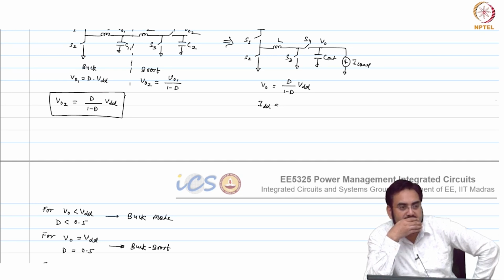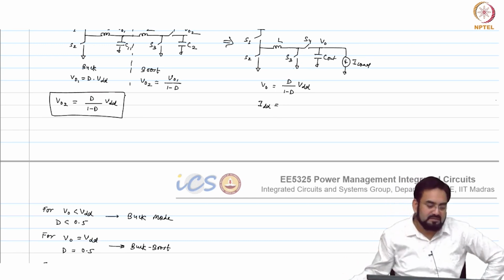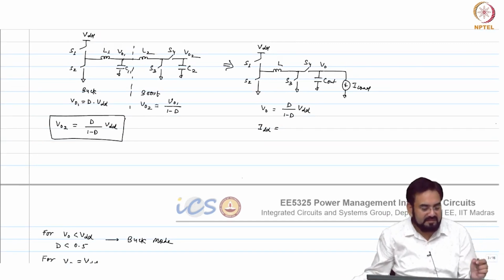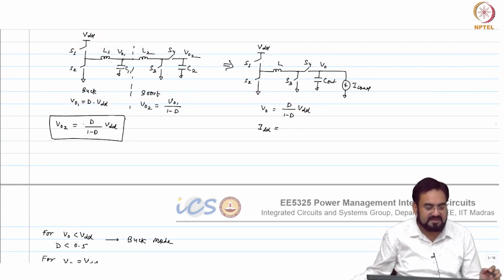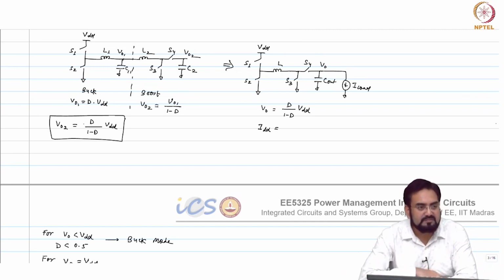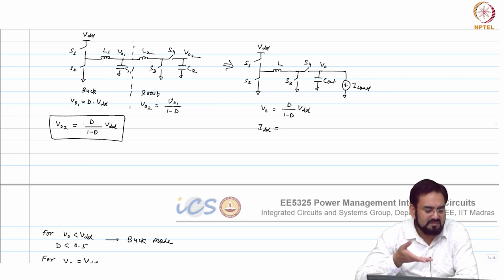It will be same as D over 1 minus D, equal input power. Why? If we look at the left hand side figure, what is the current in L2? We talked about it yesterday. What is the current in boost? So what is the current in L1? They are in series, same current. So your current will be driven by boost only here.